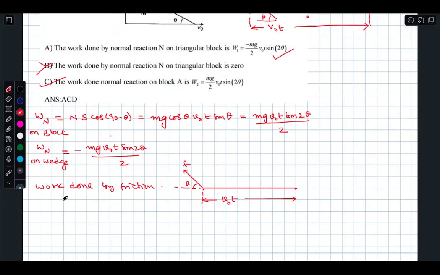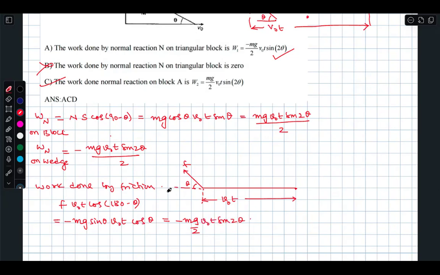So work done by friction is F V naught t cos 180 minus theta. So this is nothing but minus mg sin theta, because friction is mg sin theta, magnitude. This minus is due to cos 180 minus theta. V naught t cos theta. This can be written as minus mg by 2 V naught t sin 2 theta.